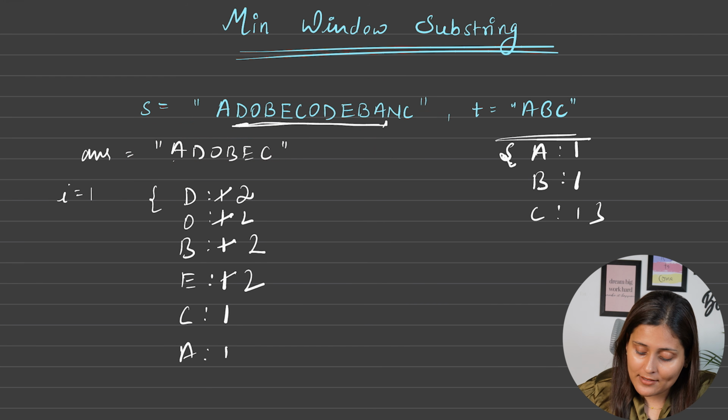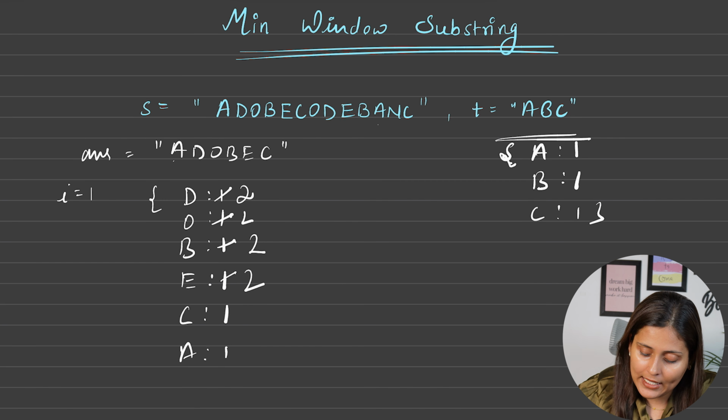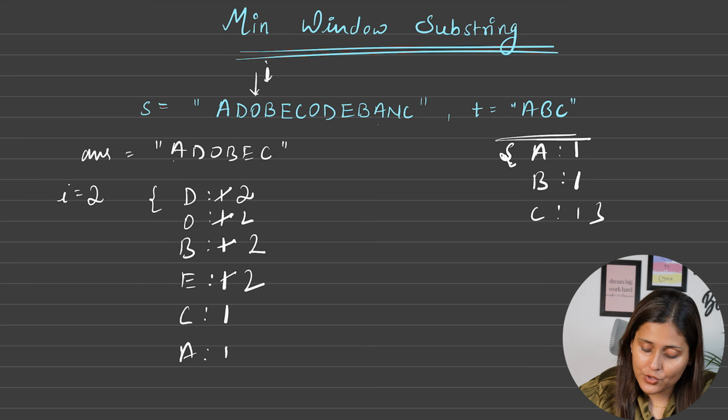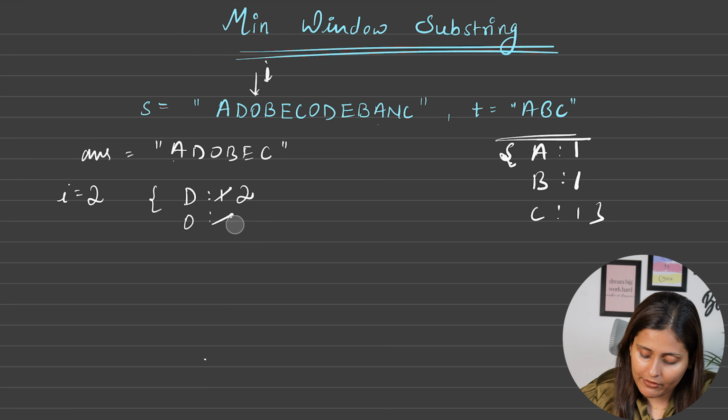Okay, so now next time what we'll do? Next time we will again update our I to the I equal to 2 index. Okay, so now for I equal to 2 we will again initialize our map and we'll keep on adding the characters.